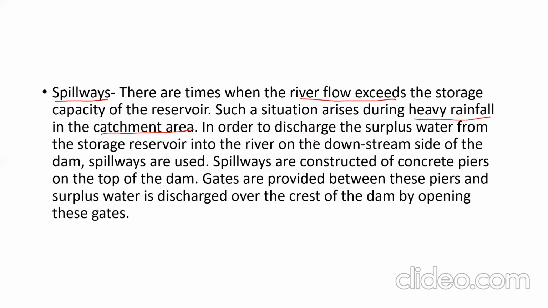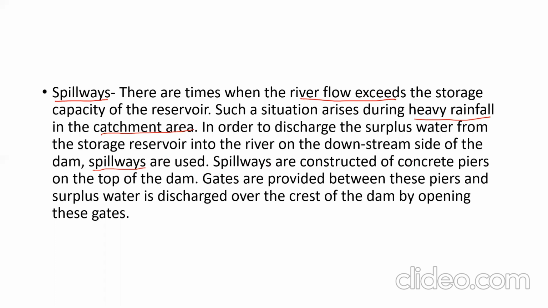In order to discharge the surplus water from the storage reservoir into the river on the downstream side of the dam, spillways are used. Spillways are just a path through the dam for the flow of the water.